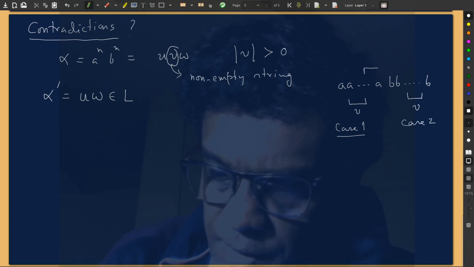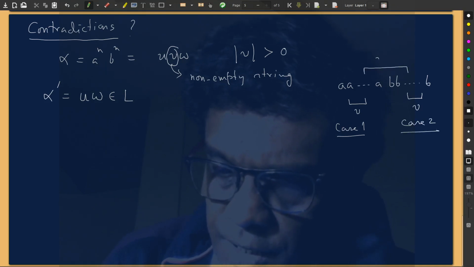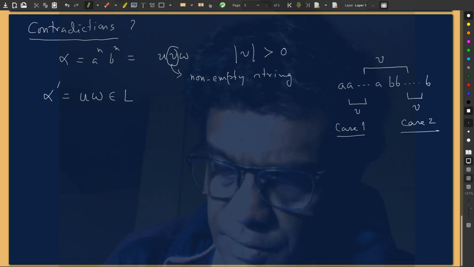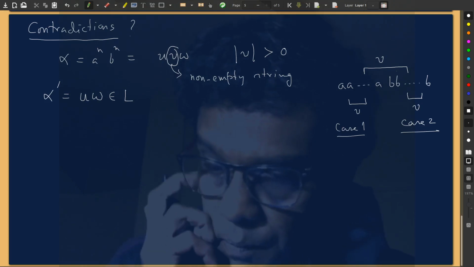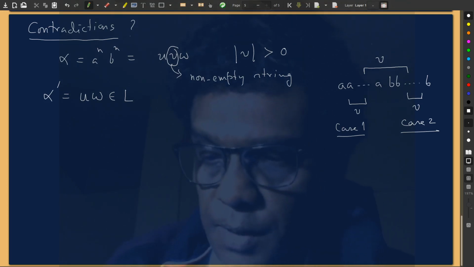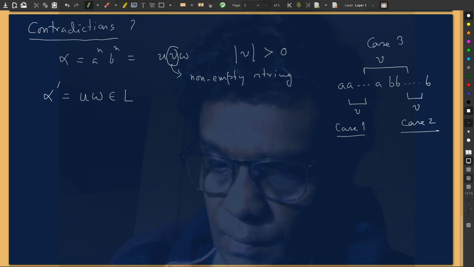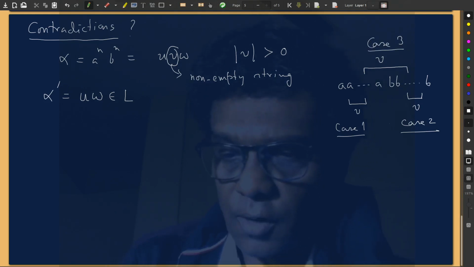Another possibility is V spans on both sides of the boundary between the A block and the B block. So this is case 3. Which one happens is not exactly in our control, right?